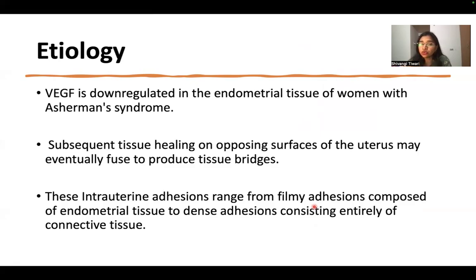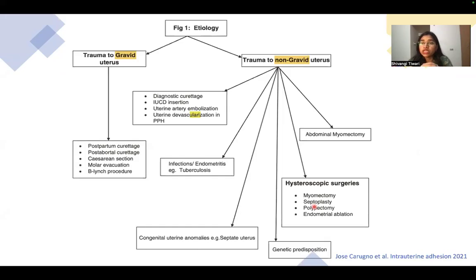Then with subsequent tissue healing, the opposing surfaces of the uterus eventually fuse to produce tissue bridges. These intrauterine adhesions may be flimsy adhesions that are composed of endometrial tissue, or dense adhesions that are composed entirely of connective tissue. If we talk about etiology, it is either trauma to the gravid uterus or non-gravid uterus.